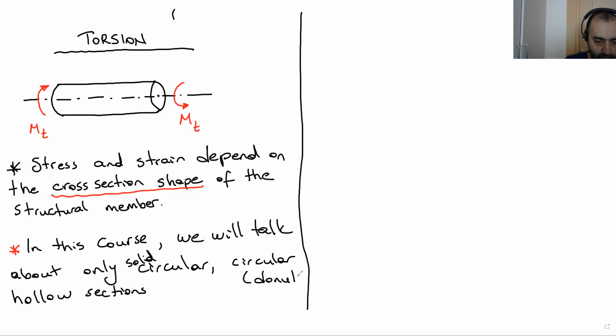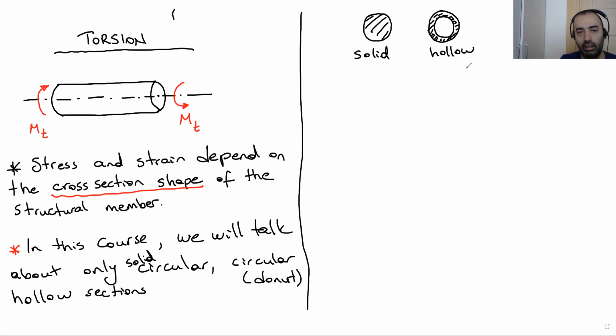You know, a solid section is a solid section, as you can see, a circle. A circular hollow section is like this. There is an opening at the mid portion of the section. So this is solid, this is hollow. We will only talk about these types of sections.